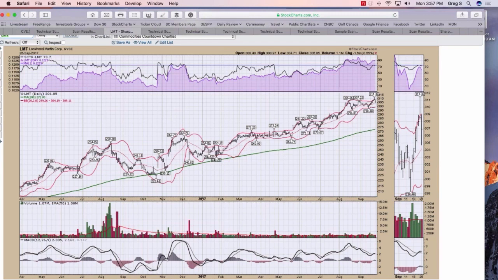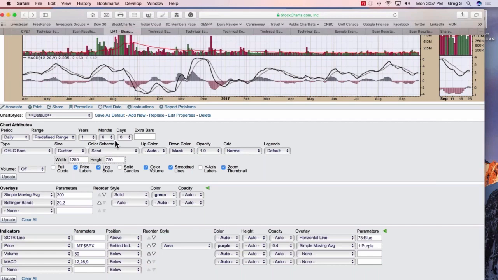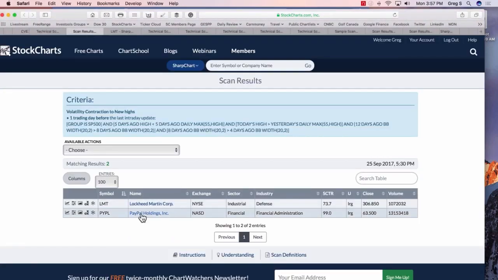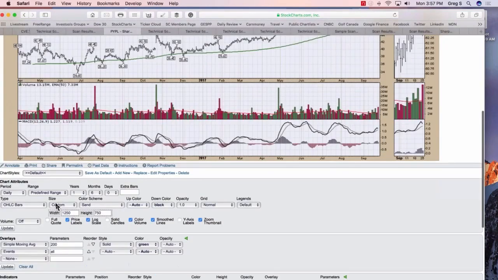But the goal of the scan is to try and show you setups. The other one was PayPal, the scan result. So let's go look, yeah, PayPal. And we'll put the Bollinger Bands on there.